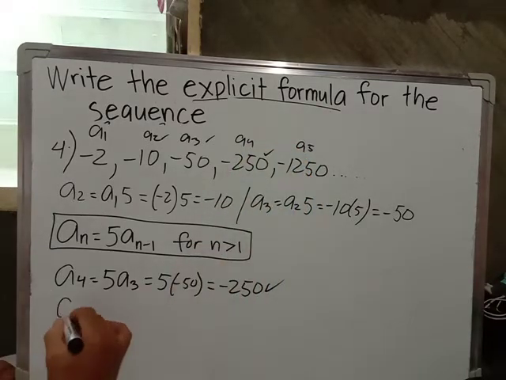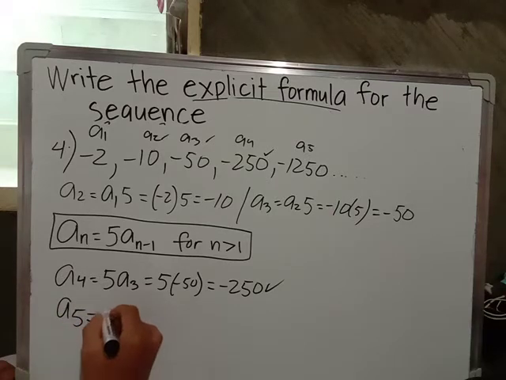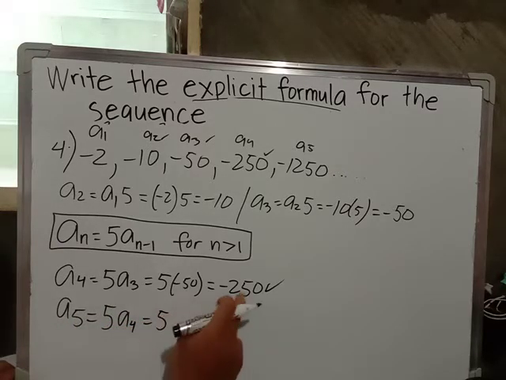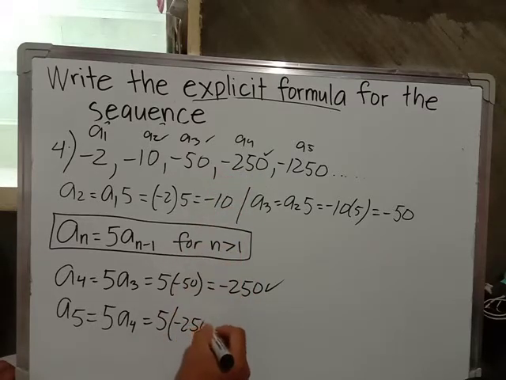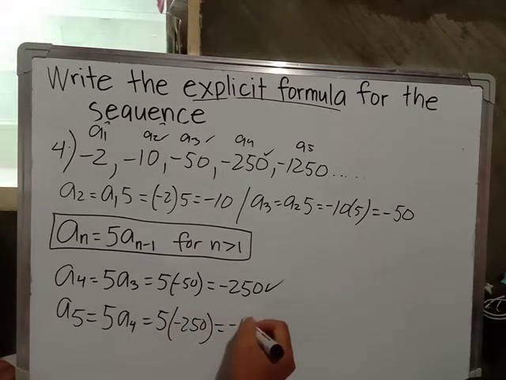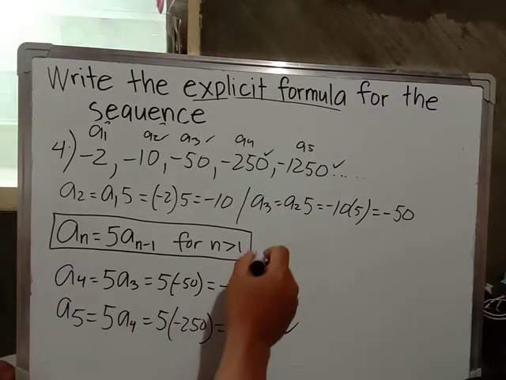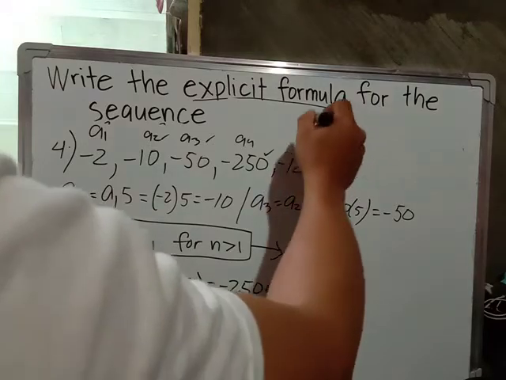Then, E5 is equal to 5 times E n minus 1. 5 minus 1 is E4. So, is equal to 5 times E4 natin, yung nasolve natin kanina, which is negative 250. So, 5 times negative 250 is negative 1,250. So, tama po tayo. So, ganun lang kadali. Ito po ang magiging formula natin.